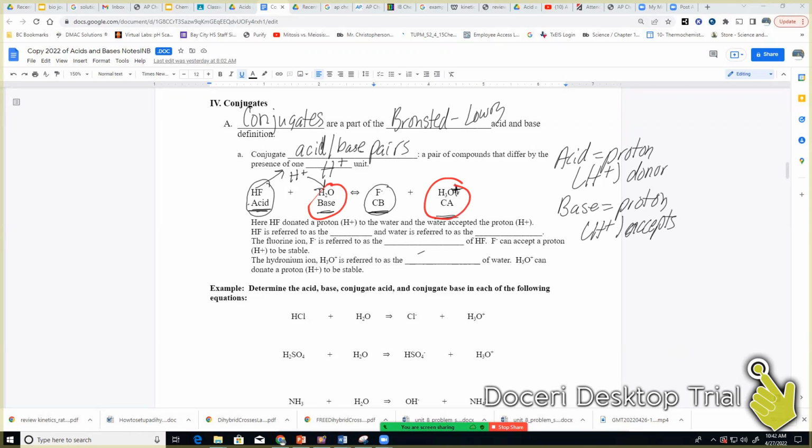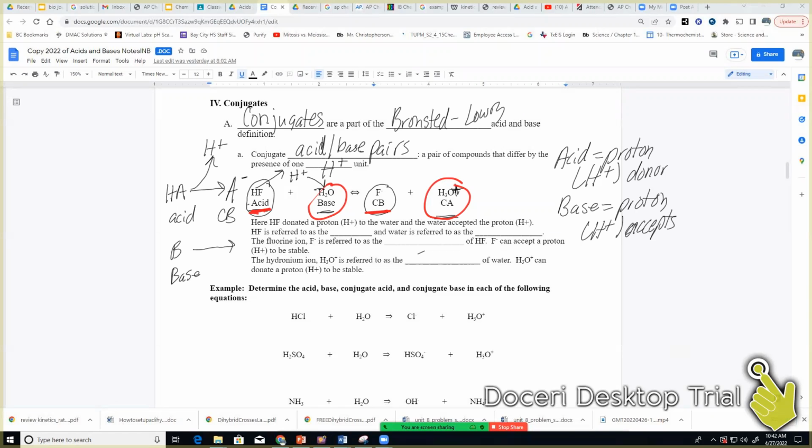So if it is an acid on the reactant side, it's going to become a conjugate base. So if I have my acid, that's just a general formula for an acid, it's going to give away that hydrogen. And on this side, it will become the conjugate base. So it starts off as an acid, loses a hydrogen, and becomes a conjugate base. My base, on the other hand, is going to start off as a base.